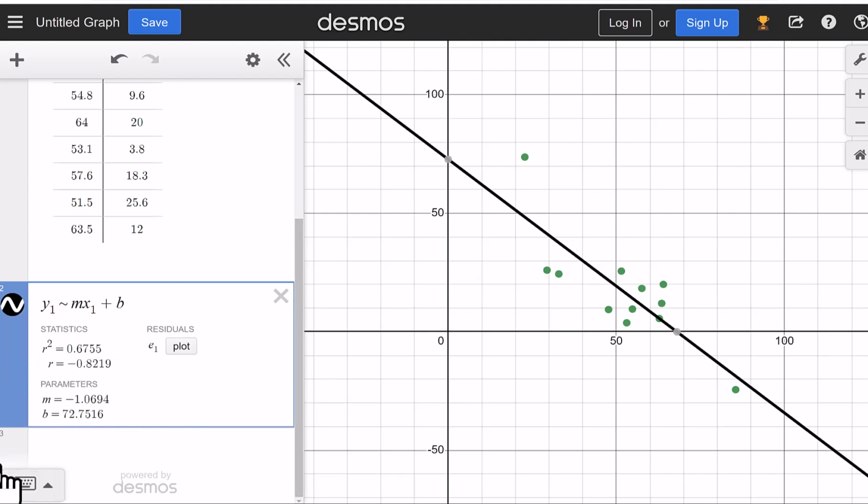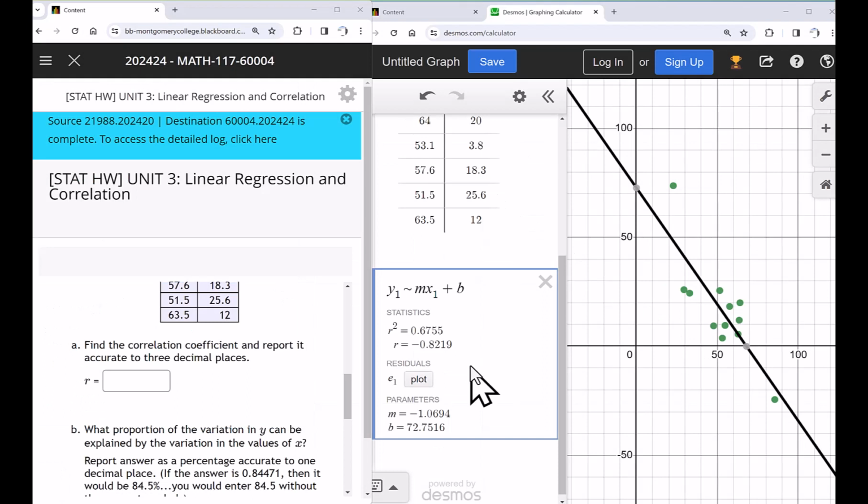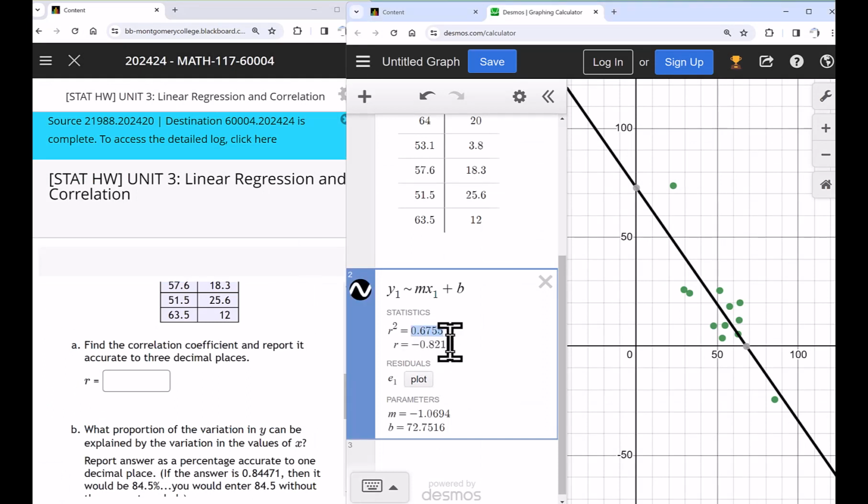The slope is negative 1.0694, and then the y-intercept is given to be 72.75.